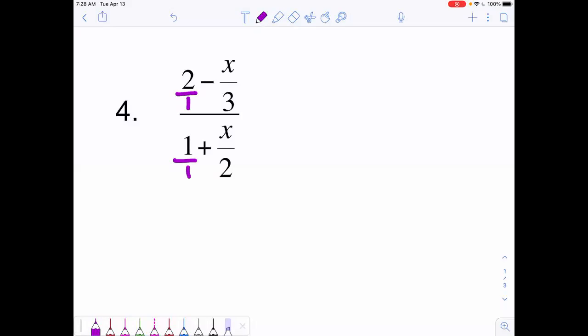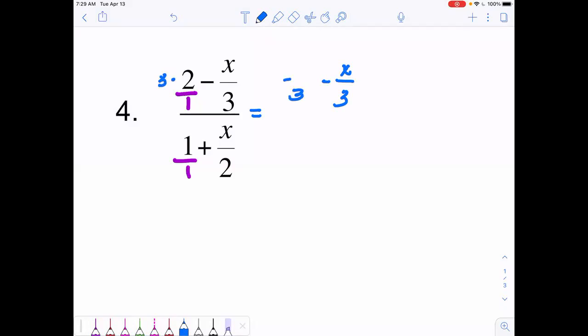So if I'm just looking at the numerator, 2 over 1 minus x over 3. Ava, what would be the least common denominator of the 2 fractions on the top? 3. So what would you do with the 2 over 1 if you wanted to have the least common denominator of 3? Yeah, multiply it by 3.